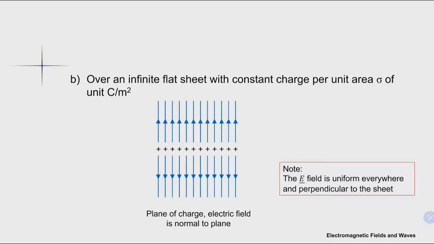If it's an infinite flat sheet of charge, for example, we define the charge per unit area, and we use the symbol sigma, and the unit will be coulombs per meter squared. And the electric field will be uniformly perpendicular to the surface, pointing away from the surface of the charge.